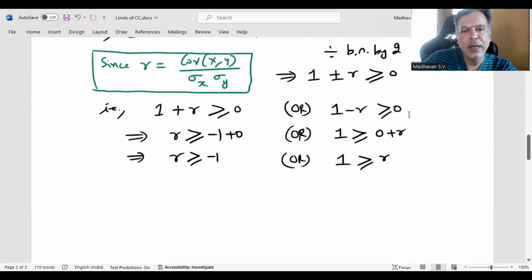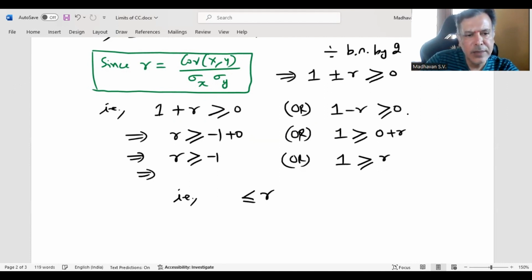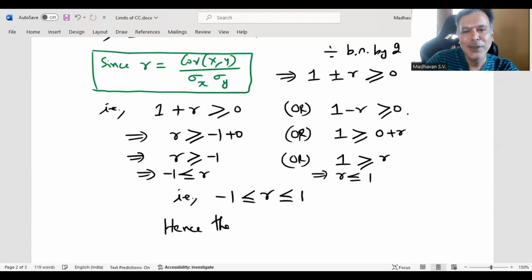Now, together we can write this with r in the center: -1 is less than or equal to r, and r is less than or equal to 1. So together it can be written like this. Hence the proof.